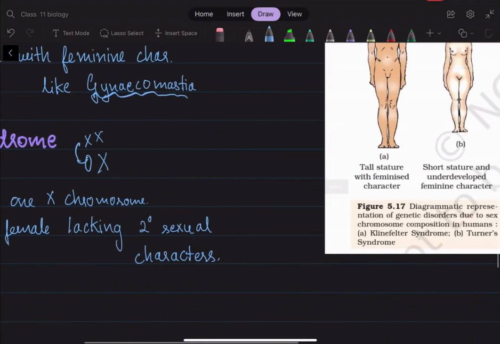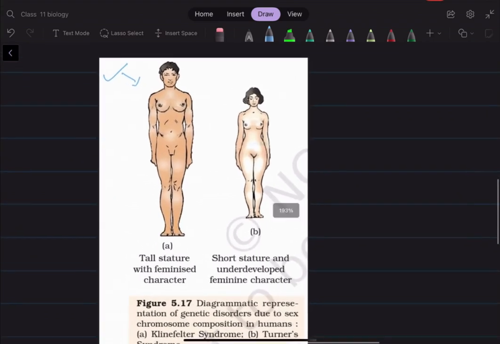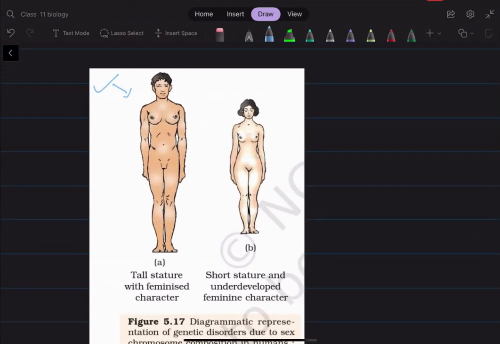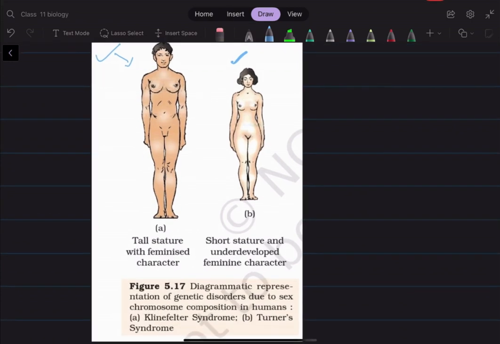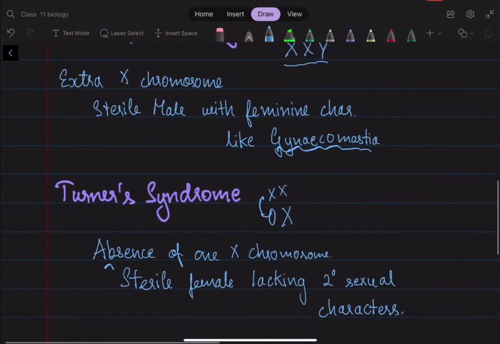This female is also sterile because of her rudimentary ovaries. So you can see in this case, short stature and underdeveloped feminine characters. We call this Turner syndrome.